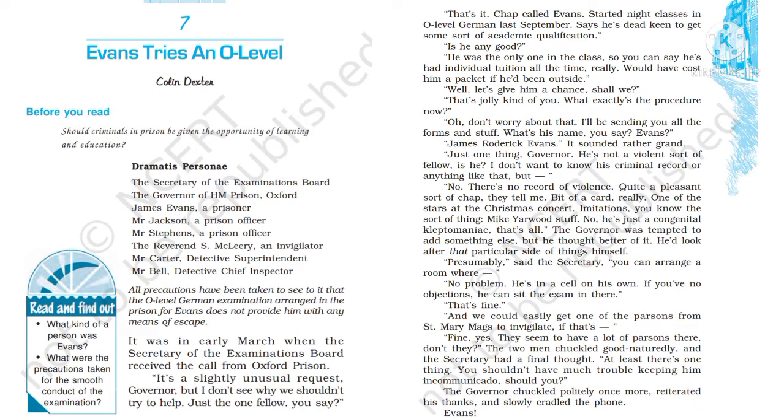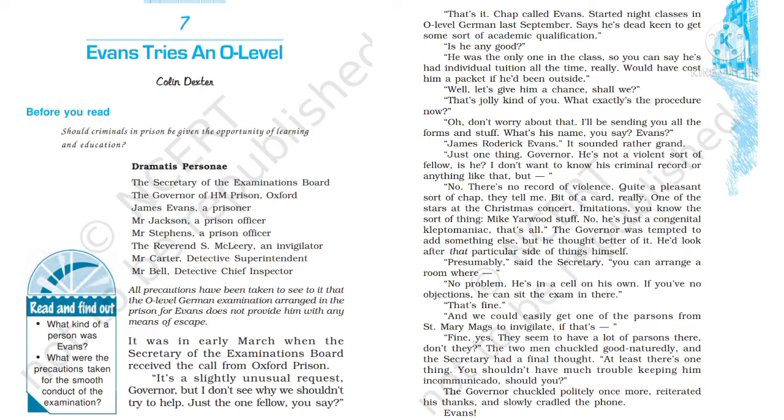To which the governor replies that he was the only one taking tuition or night classes in the prison, as he wanted to get some sort of academic qualification. He also said that if Ivans took classes outside the prison, it would have cost him a lot of money. So in a mocking sense, he says that Ivans is taking tuition or night classes free of cost inside the prison.